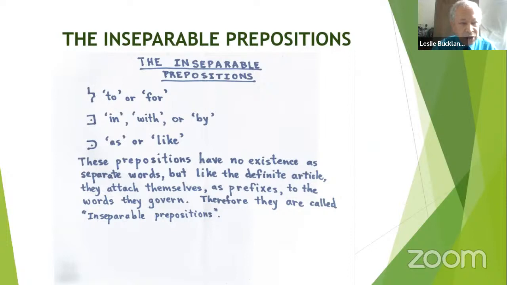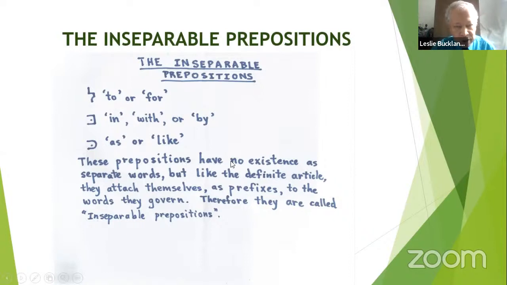If it is a guttural consonant, we put a composite schwa underneath that guttural consonant. So we can call these prepositions le, where the simple schwa is underneath it, pronounced like the e in because or au revoir. Le, to or for. Be, in, with, or by. Ke, as or like.